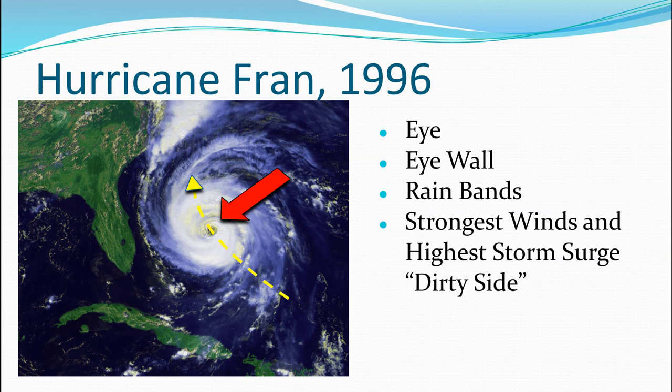It's because it plays dirty, and it treats the people in their homes pretty dirty, because that tends to be where the most damage is, not necessarily where the eye crosses, but directly east or north, depending on the angle of incidence of the storm. But on that right side of Atlantic storms is the dirty side.